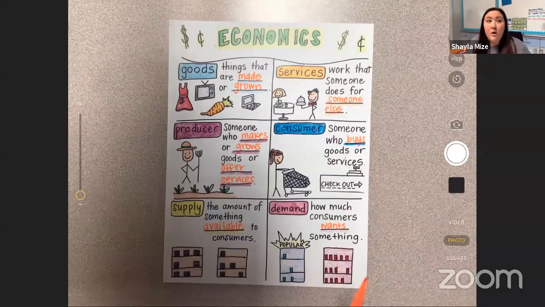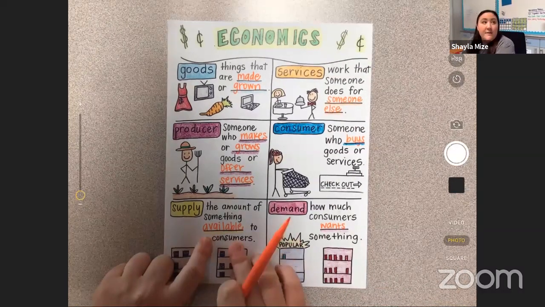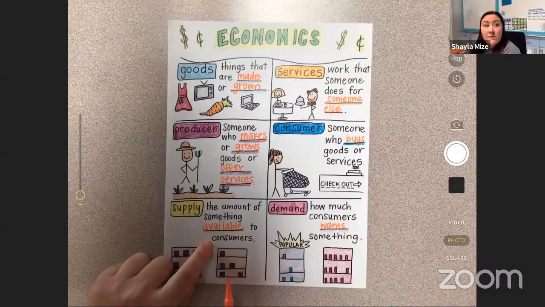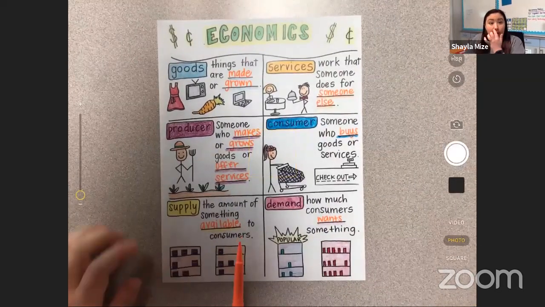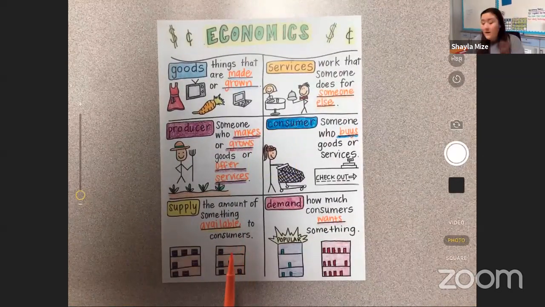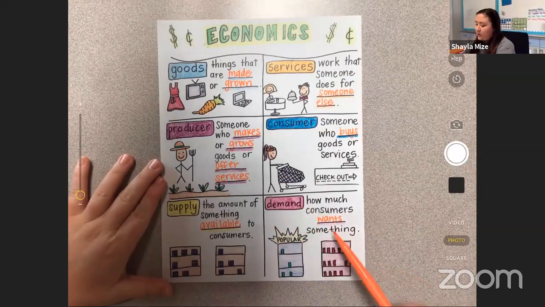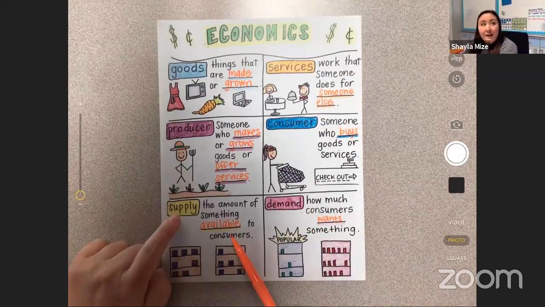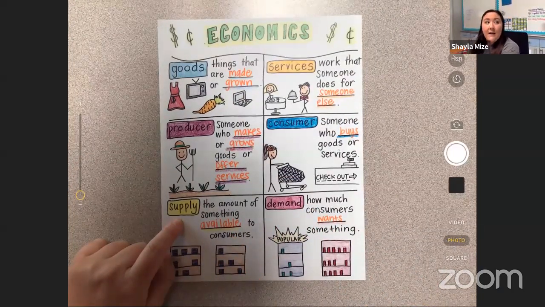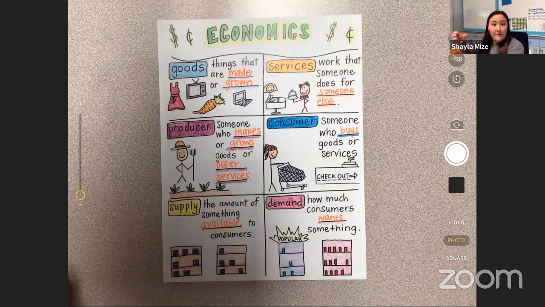If all of us want to go out and buy a Nintendo Switch during quarantine, there's going to be a high demand for that. So suppliers are going to have to make those available. Schools, we needed Chromebooks for school. So we had a high demand for Chromebooks. So the supplier, Google, had to supply that item. So those Chromebooks. So that is supply and demand.